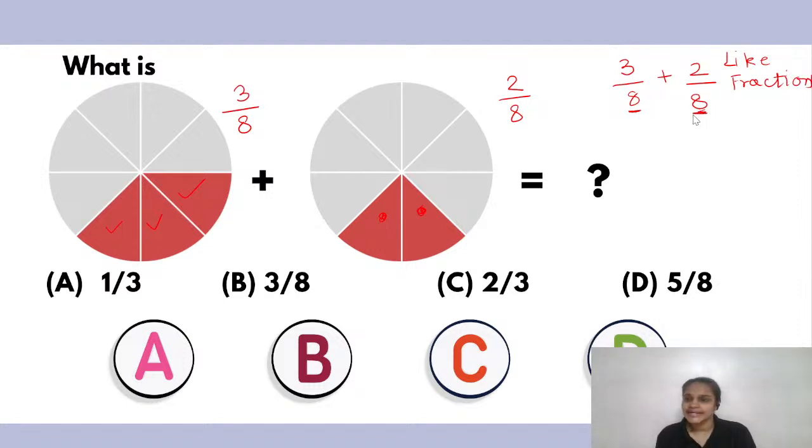Both have denominator 8. So that makes my work easy. I can simply add the numerators together and find the answer. 3 plus 2 gives 5, and my denominator remains the same. So my answer is definitely D.